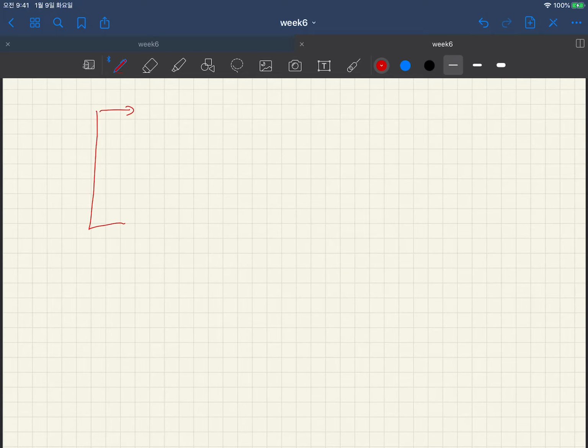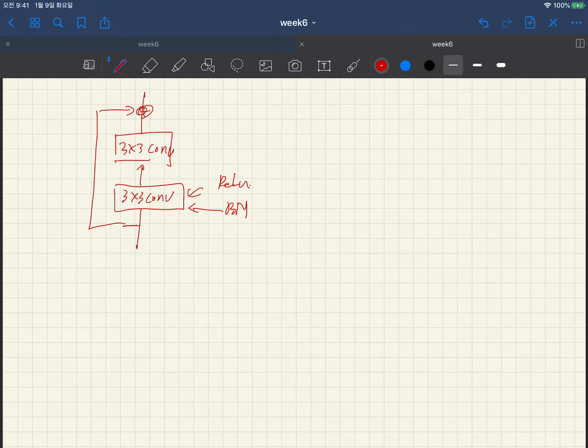So for instance, for this 3x3 convolutional layer in the ResNet structure, plus here, essentially we have to add some ReLU activation function and batch normalization unit.